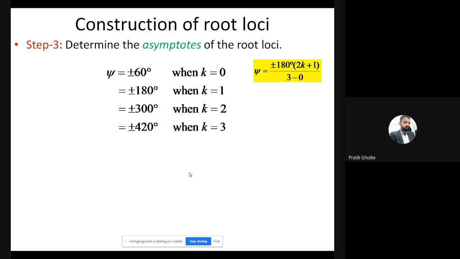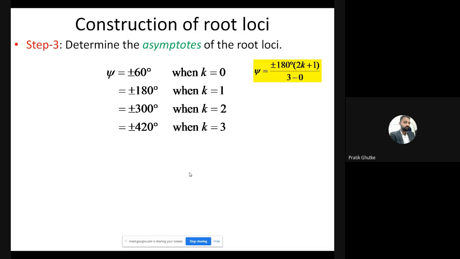So how can we calculate it? Put the value of k equals 0 in the first case, then I get psi 1 equals 60 degrees. Why? Because (2 times 0 plus 1) times 180 divided by 3 comes to 60 degrees. Now vary the value of k as 1.